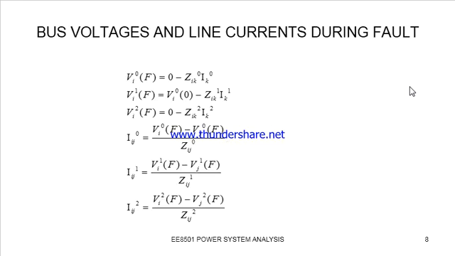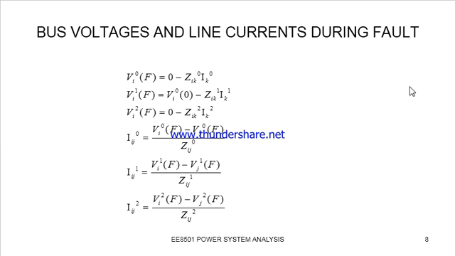Regarding the bus voltages and the line currents during the fault, we know the Vi0 of F, I mean the fault voltage at the zero sequence, is equal to minus ZIK0 into IK0. But in case of positive sequence, we get Vi1 of F equal to Vi of 0 minus ZIK1 into IK1.